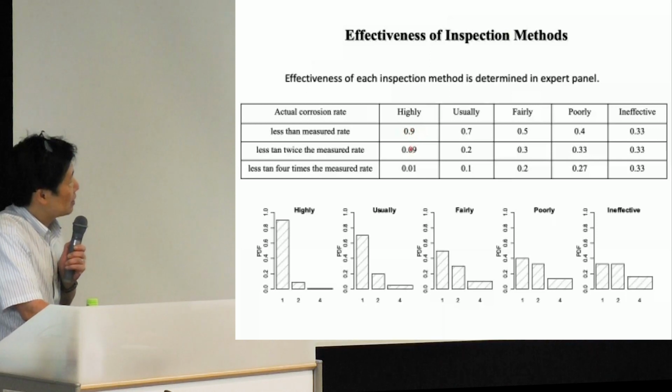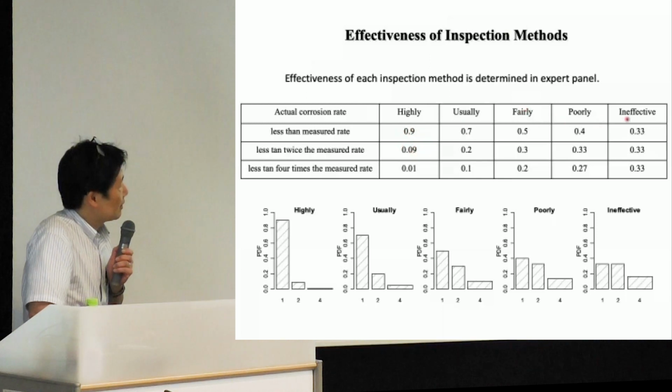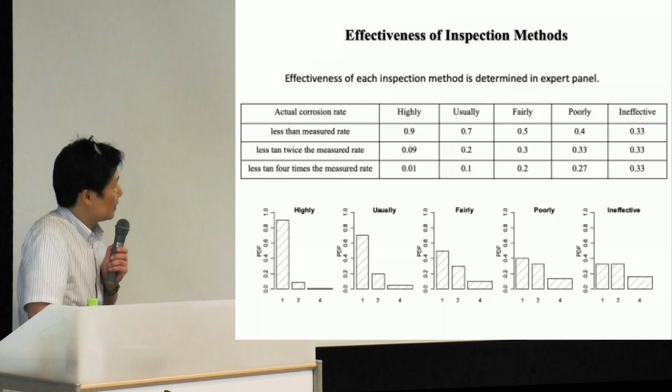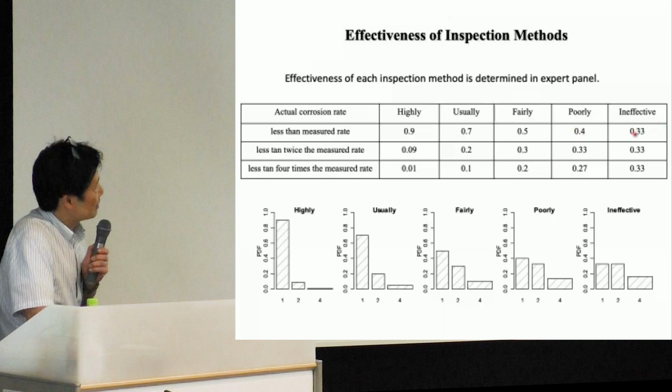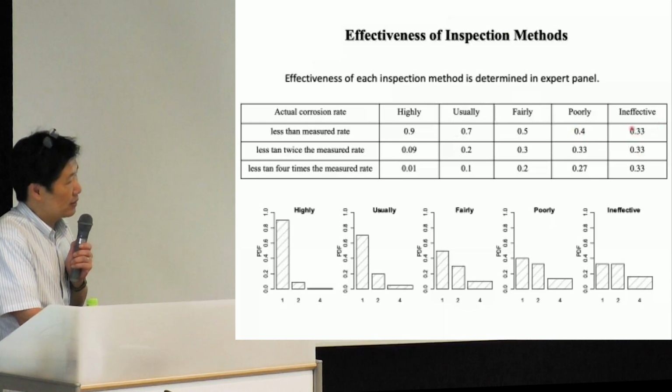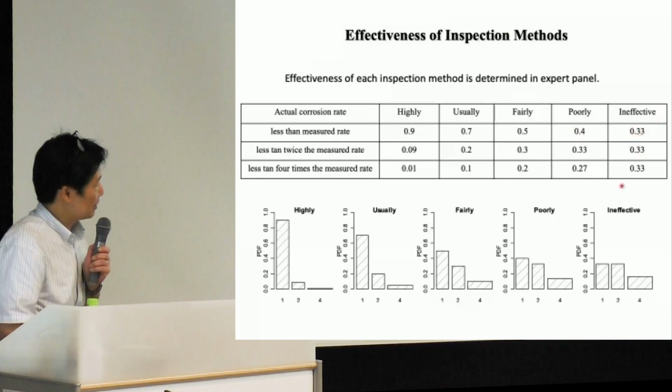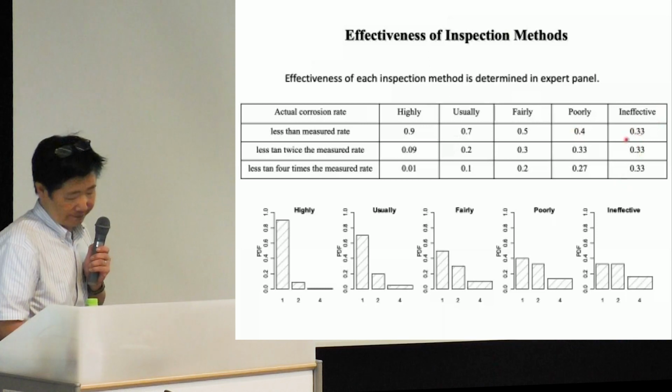It's very high. But in the case of ineffective inspection, the distribution is flat, or 1/3. So almost nothing.